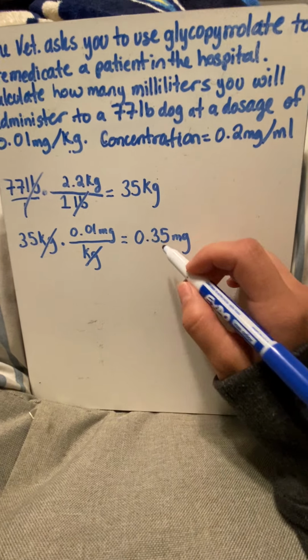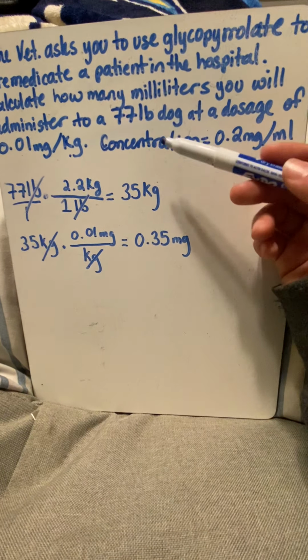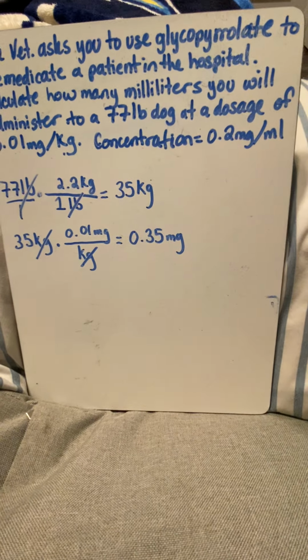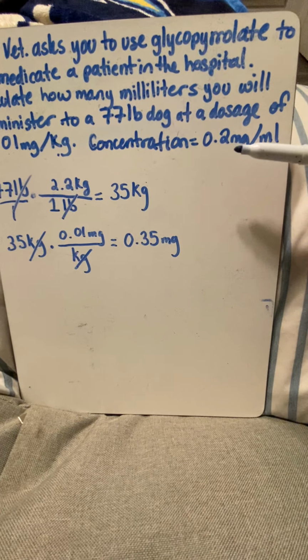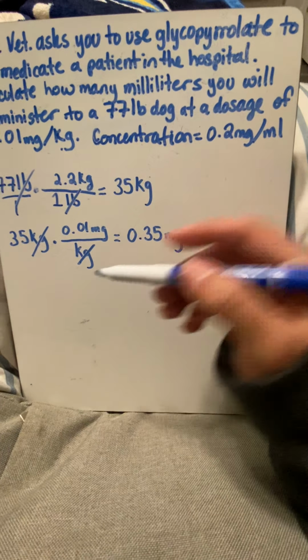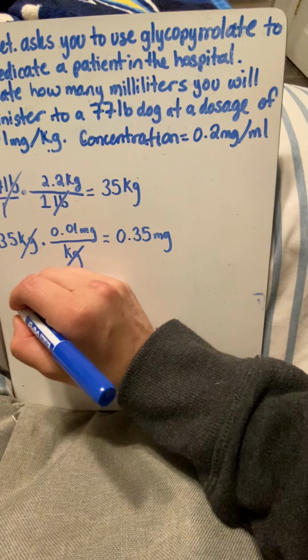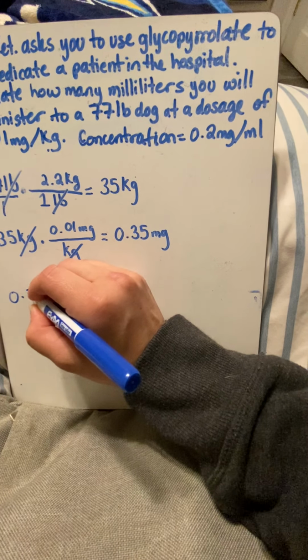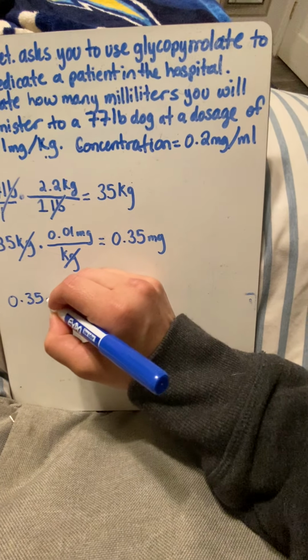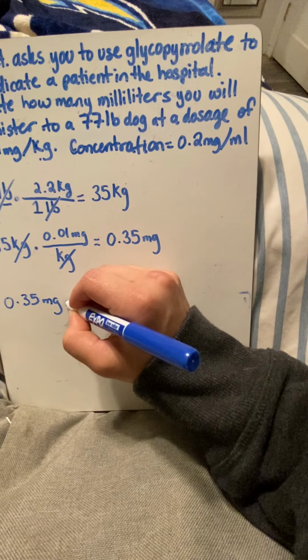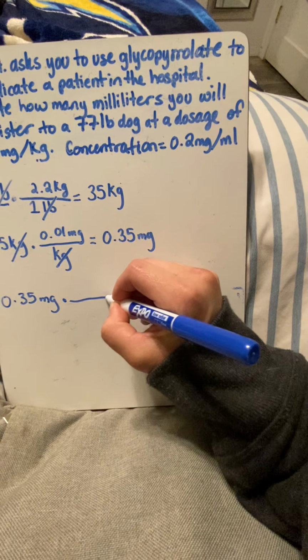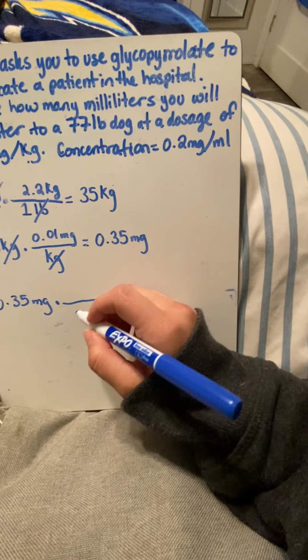Okay, now I have mgs. Now I have to do the concentration. So the concentration rate is 0.2 mgs per ml. So now that I have mgs, I can go straight. Oh my gosh, my lines.